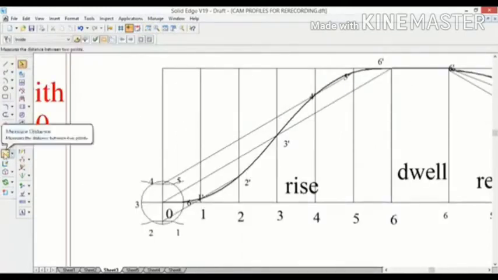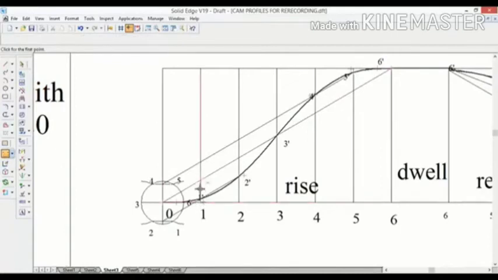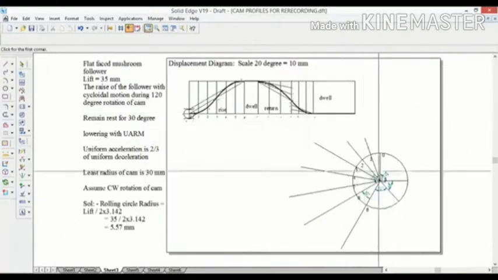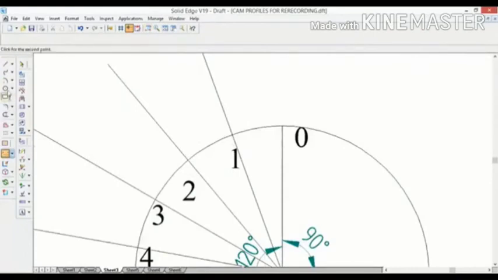You use a compass, measure from 1 to this 1 dash. It's almost looking like 1 mm. So you take the compass, that measurement from 1 to 1 dash, and cut an arc.